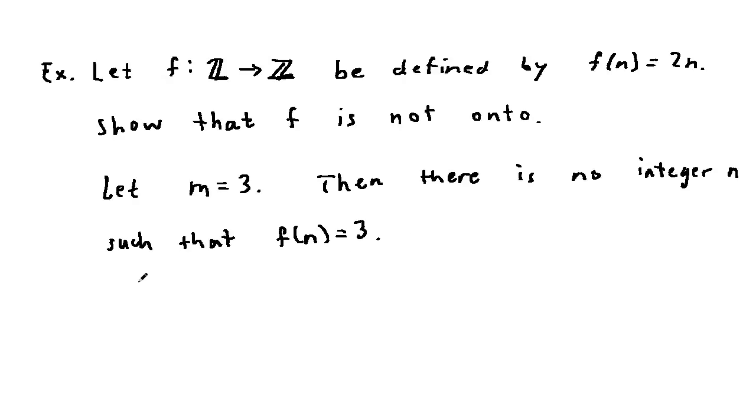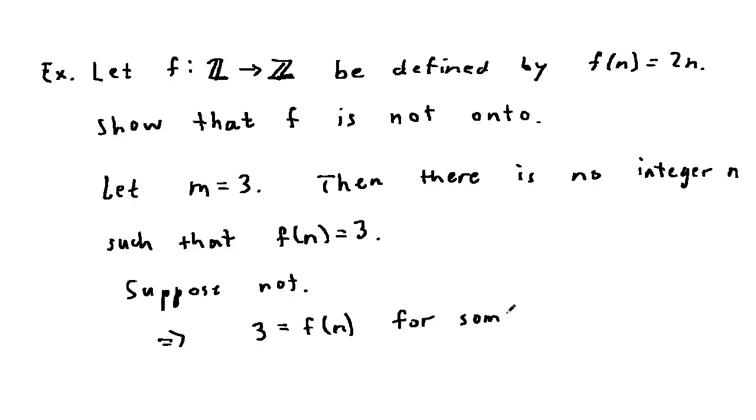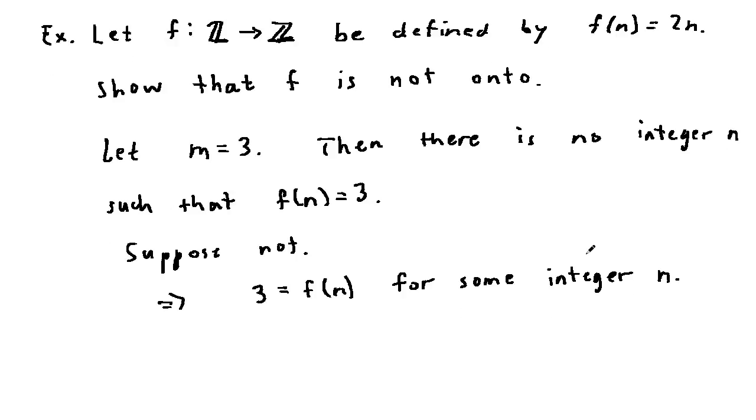Suppose not. Then 3 equals f of n for some integer n. So 3 equals 2n by definition of f.